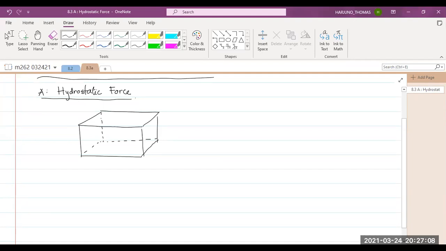Now, we are interested in finding the pressure at the bottom. What is the pressure at the bottom? Now, the pressure is equal to the force divided by the area where you apply the force.